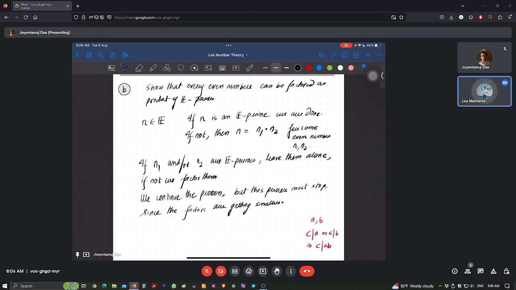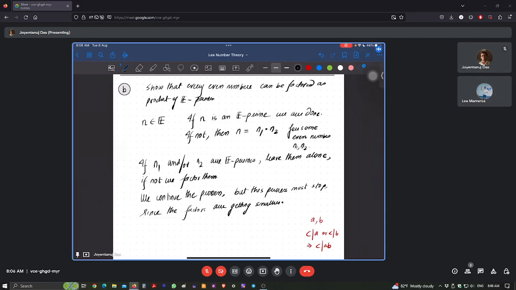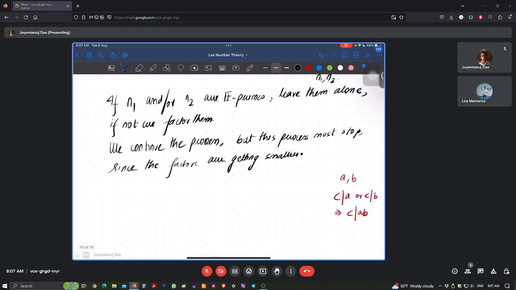But where do you stop, when n1 or n2 is equal to 2? That may not be the case, because that will depend upon the number we are starting with. We may not reach 2. So for example, we can construct an example to see how it is working.